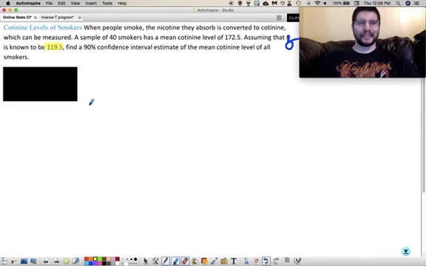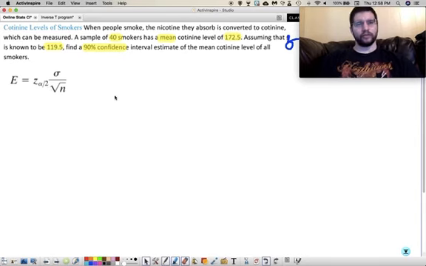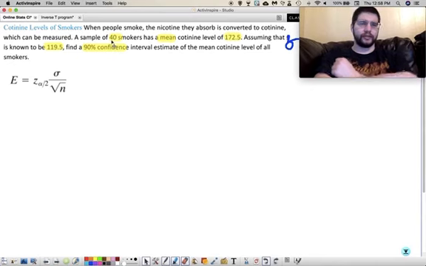So we've got sigma is 119.5, and X bar is 172.5, and n is 40. Alpha right there is going to be 10%. So sigma is known. We're going to use the Z interval. N is greater than 30, so we're good to go on that piece.